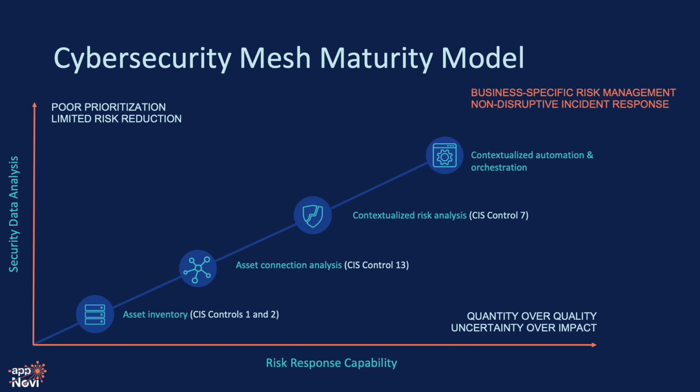Understand the interoperability of all those data points. How is a user who's a contractor logging into a server that's a crown jewel, that has a network dependency on a development application? How do all those interrelations and connections of data matter?